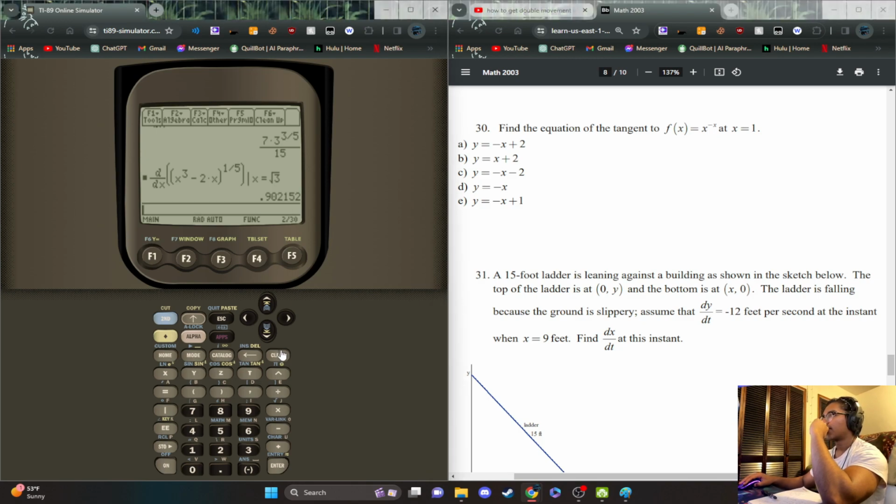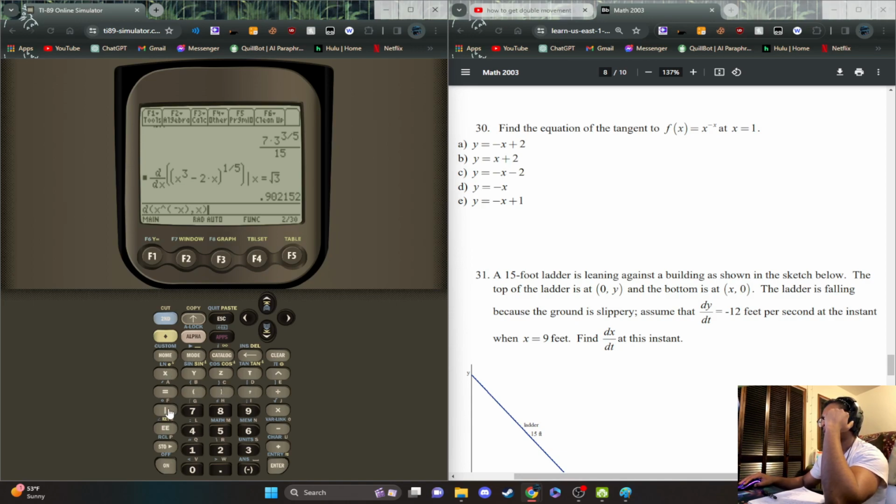Okay, find the equation of the tangent line. All right, so find the derivative of this first. So let's do x to the negative x. Close that up. We're solving for x.